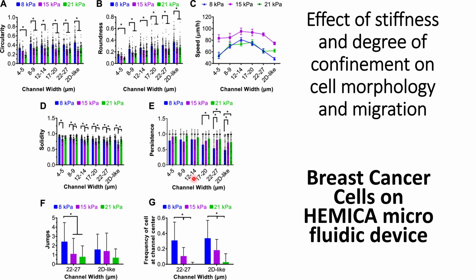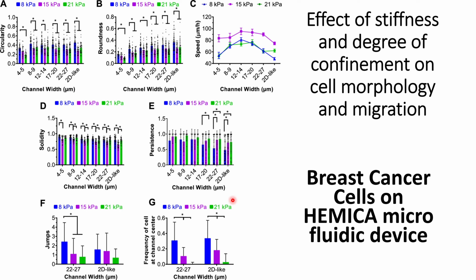They can see that at high channel width, that is above 17 micrometer, there is a decrease in the persistence of the cells that are studied under gel that has a stiffness of 8 kilopascal, as we can see here. There is a drastic reduction in the case of cell persistence. The persistence means that the cell retains its own structure, or it is related to the solidity.